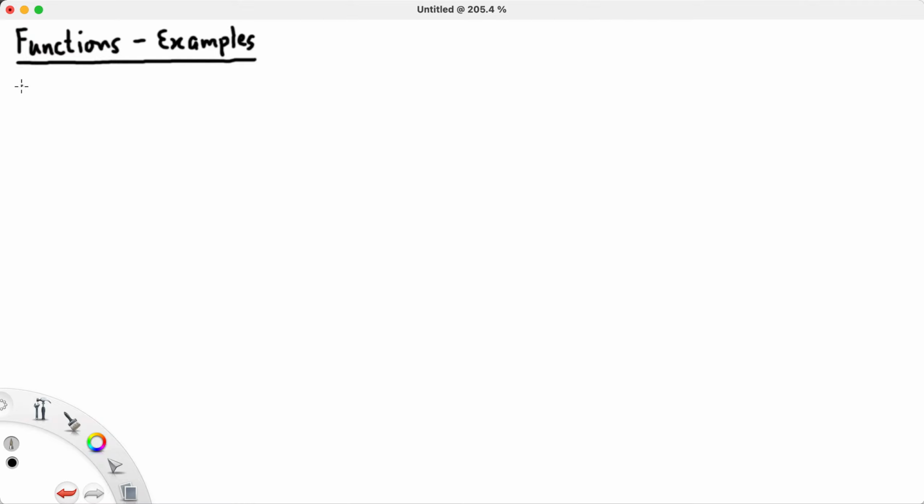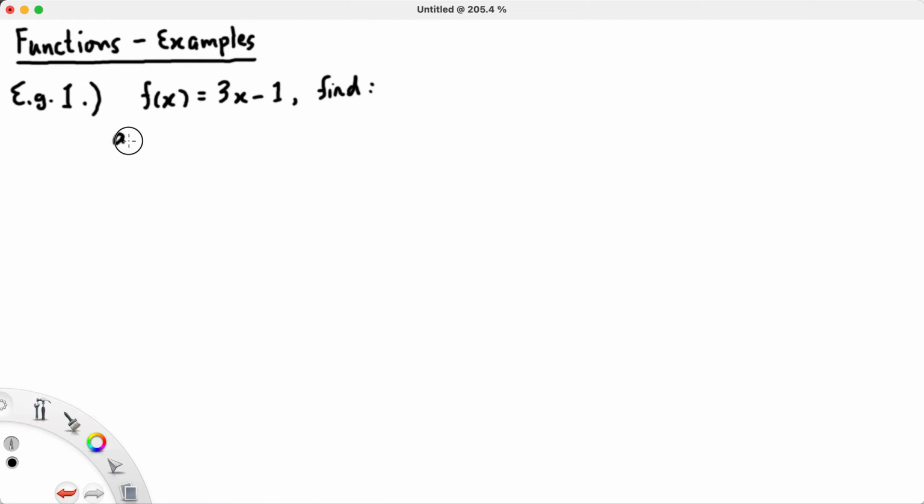So for example, let's take example 1 and say we have a function f of x which is equal to 3x minus 1. Say we are tasked to find different values of the function f of x.